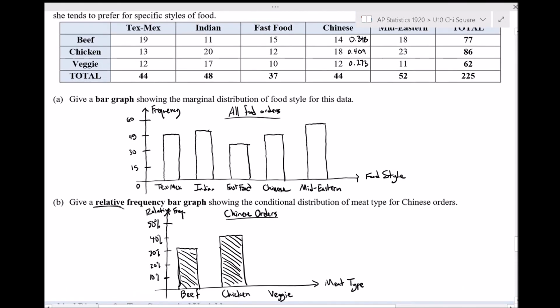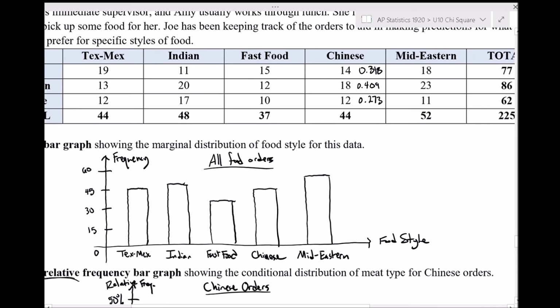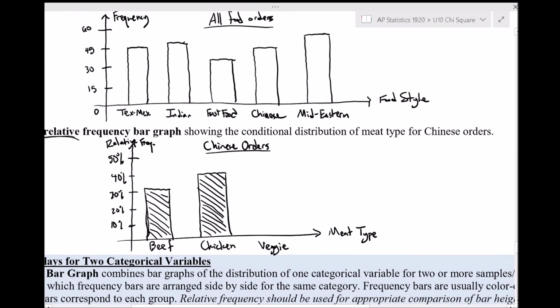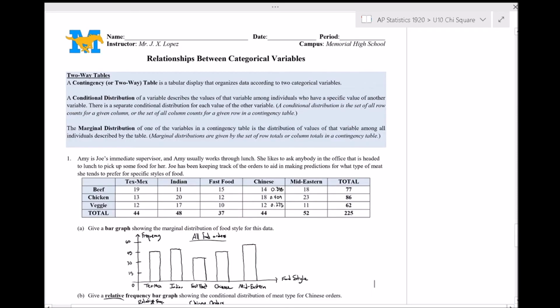Veggie, so vegetarian. Whoops. 0.273, so 27.3%. So that's below 30%, above 20%, closer to 30% though. Somewhere there. Good enough. And that's what they want.